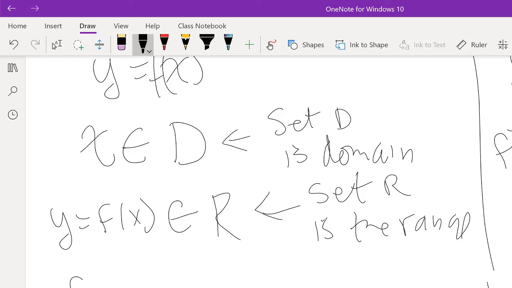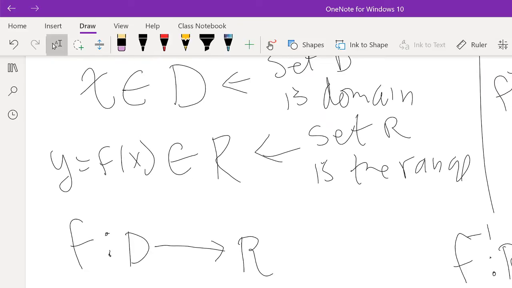Okay. All right, now some properties of the inverse.